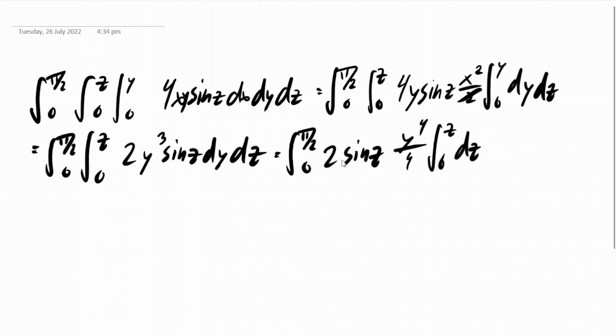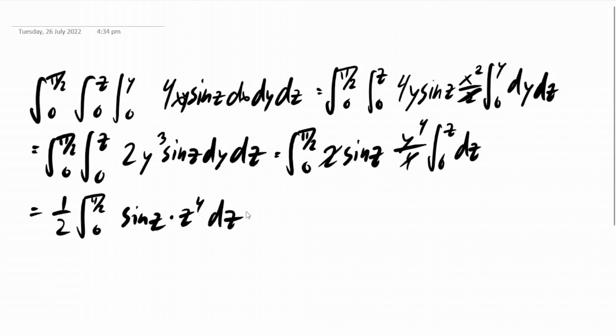Now cancel out 2 and 4 here, we bring out the constant, that is 1/2, integral from 0 to pi over 2, with z, that is z raised to 4 sine z, apply z raised to 4 here dz. So what we're going to do next is integration by parts, but to make it faster we will just bring it all out here.